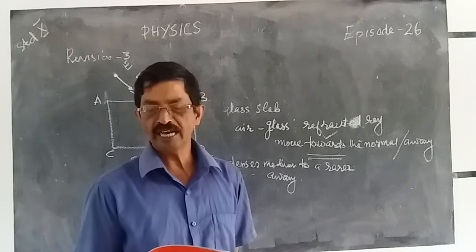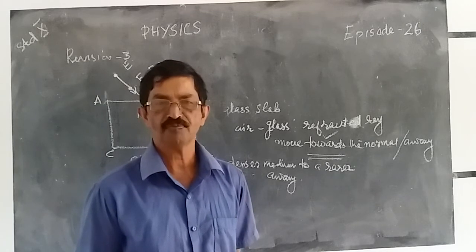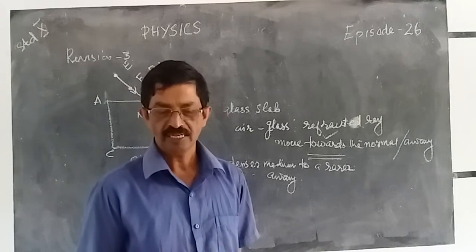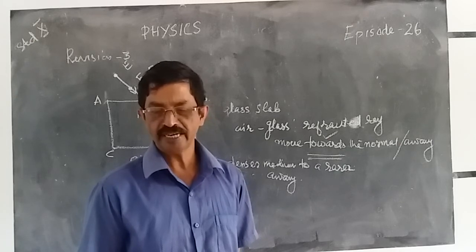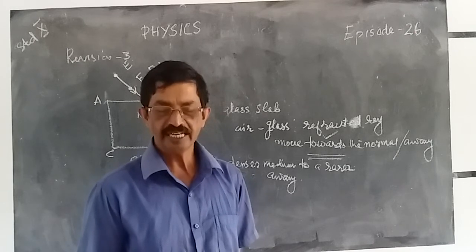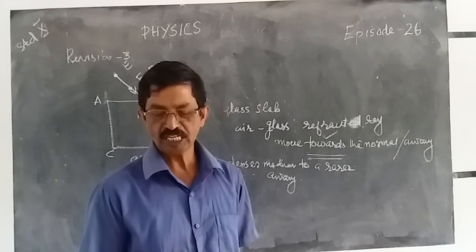What happens when light rays enter from one transparent medium to another? The answer is the light ray deviates. Does it travel along a straight line or change its direction? Answer: it changes its direction. Why is a pencil placed in water displaced?